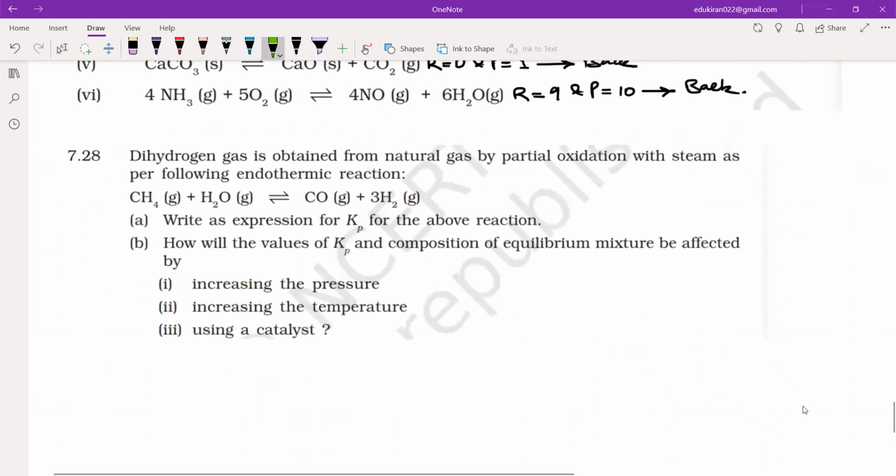You can also do more questions, 7.30 also you can do, with the following reactions. I think you can do more questions till 7.34.